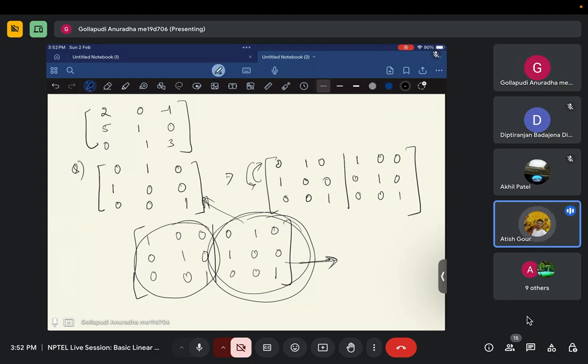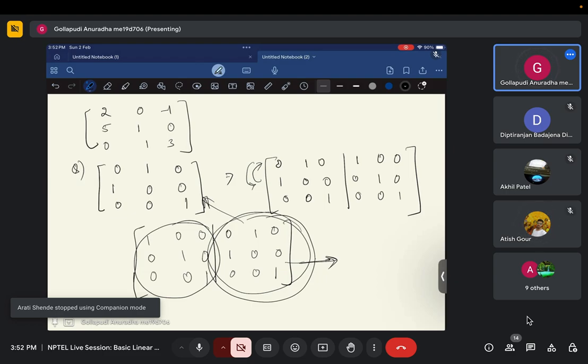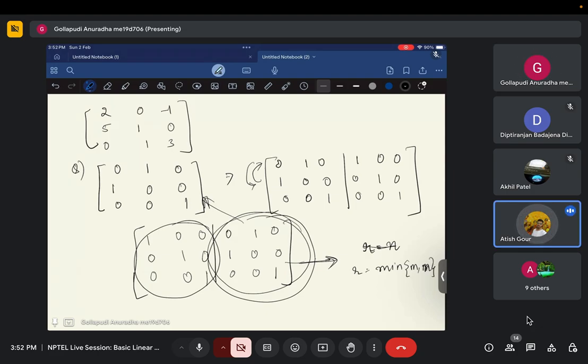Yes, ma'am, clear. I have a question. Ma'am, can you please explain what is a matrix having full rank? If the rank of the matrix is equal to the number of columns, whatever the minimum is, it's called full rank.